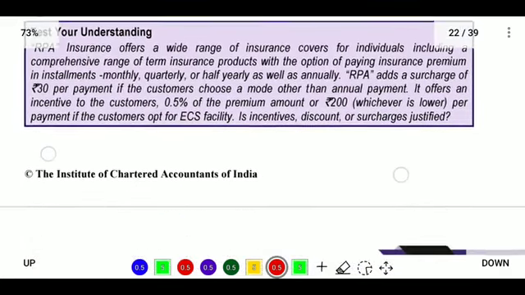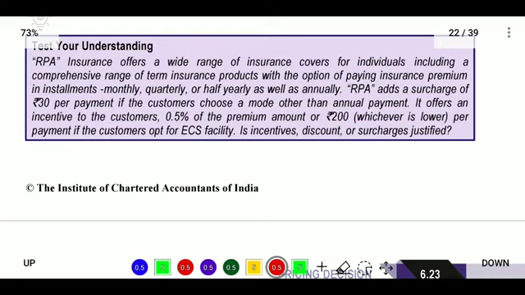Next, test your knowledge. RPA Insurance offers a wide range of insurance covers for individuals, including a comprehensive range of term insurance products with the option of paying the insurance premium in installments: monthly, quarterly, half-yearly as well as annually.